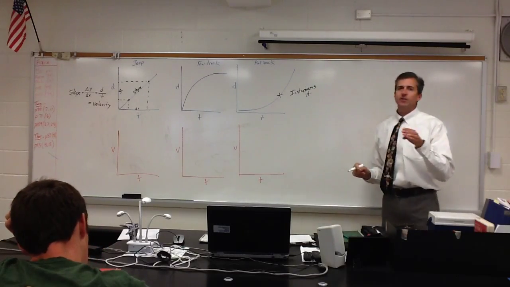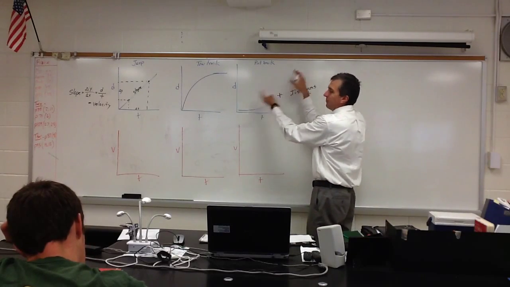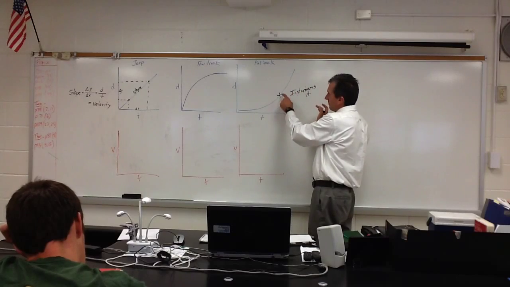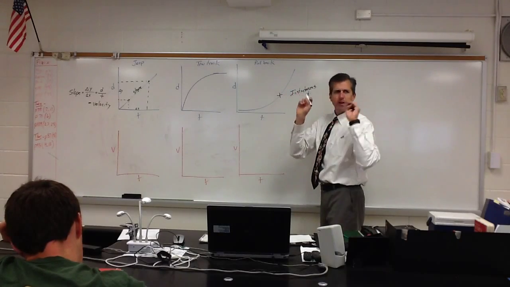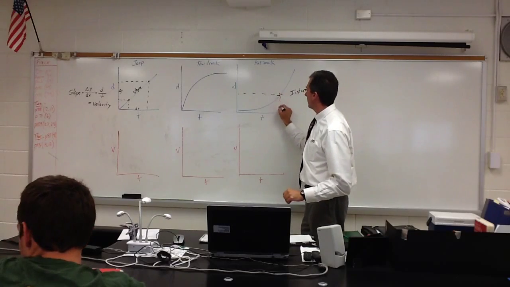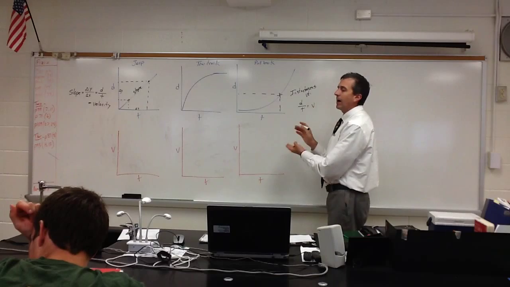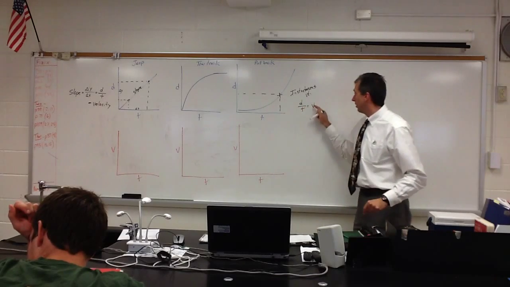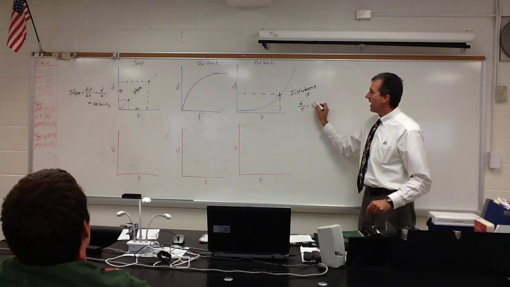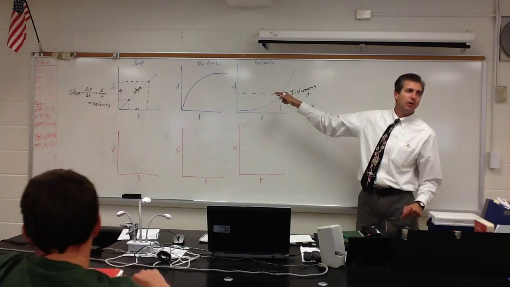An instantaneous velocity means I don't really know anything else. I don't know what's going on either side of this, but I can find out information right there. It's like a freeze frame, like a picture. And so all I would do is if I took the distance right there and the time right there, again, distance divided by time is velocity. So it would tell me the velocity, but notice I didn't put a little average velocity because it's not. It's just the velocity at that point. See the difference?